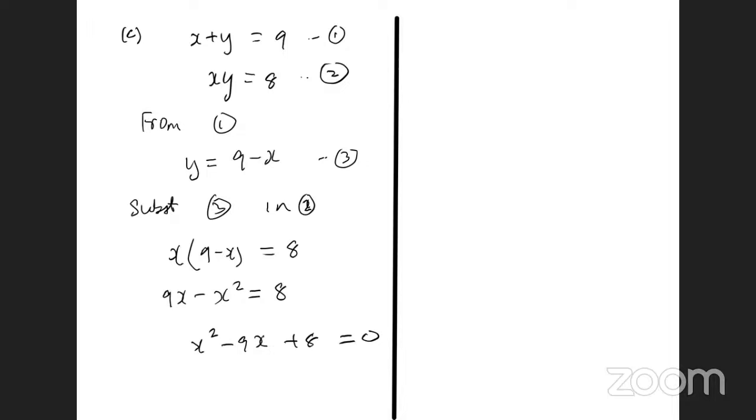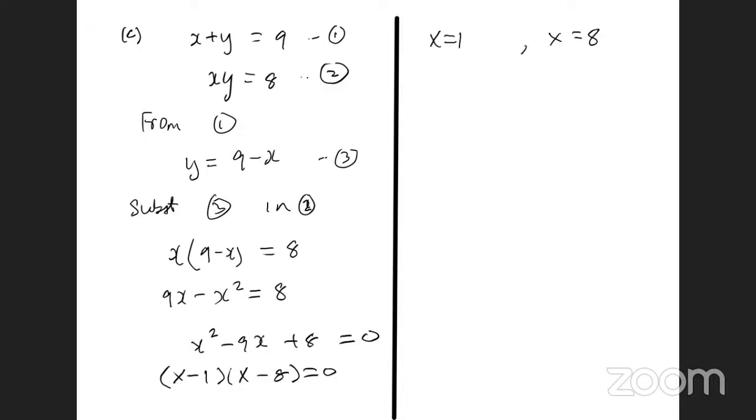Okay? You have a quadratic now. Go to your calculator and solve it, but this one is kind of simple, so we can factorize it. x minus 1, x minus 8. So our two answers are x is equal to 1, x is equal to 8.